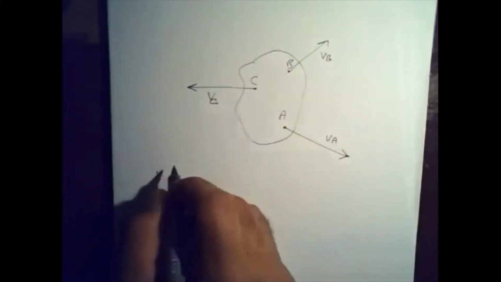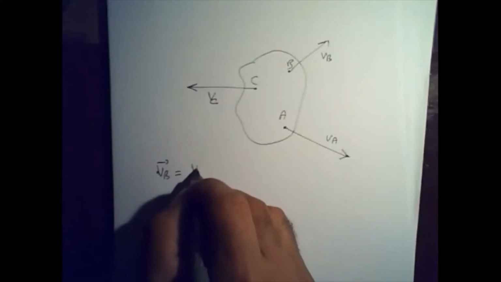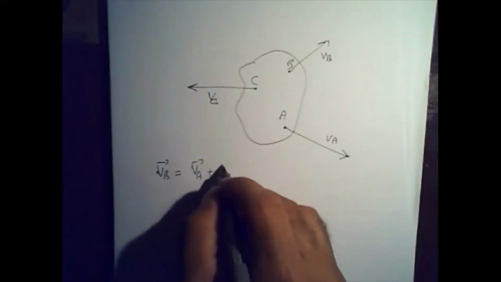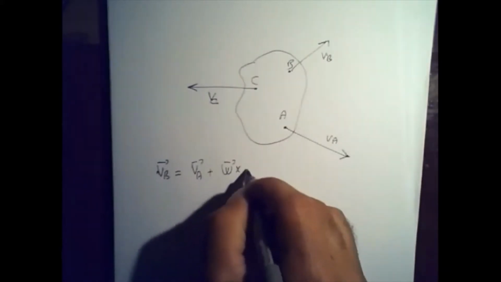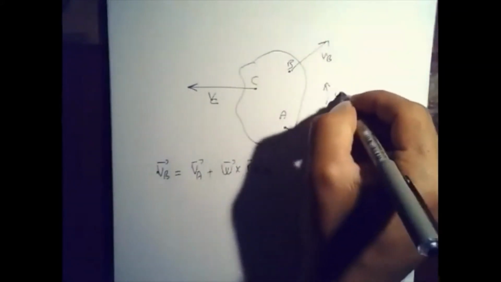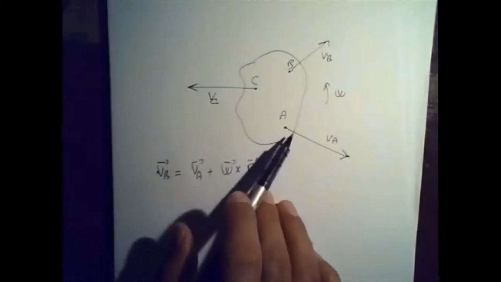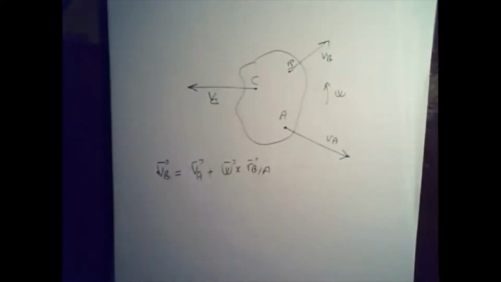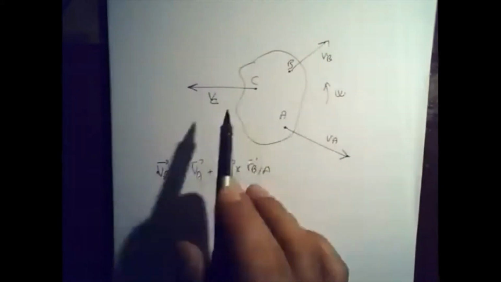The velocity of B is related to the velocity at A by VB equals VA plus omega cross RB with respect to A. And here, obviously, that rigid body is going to have omega. So if you look closely, you see that these velocities are trying to rip that rigid body apart. So it is impossible to actually have these velocities at these points.